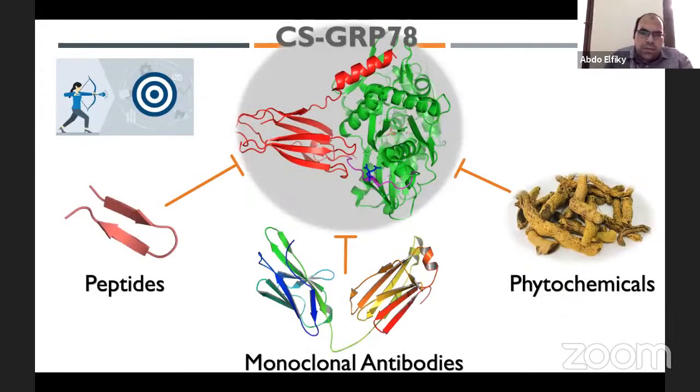So now the targeting strategy is based on targeting this cell surface GRB78, which is expressed over the membrane of the stressed cells. We can inhibit the receptor binding domain of GRB78 by some cyclic peptide or monoclonal antibodies or phytochemicals to inhibit the recognition function of GRB78 for the viruses or pathogens.